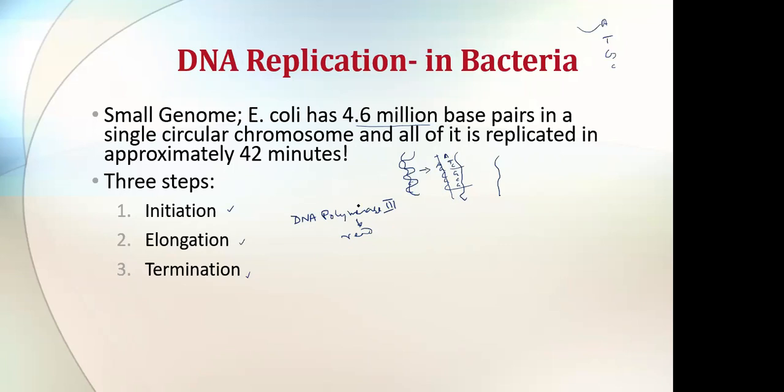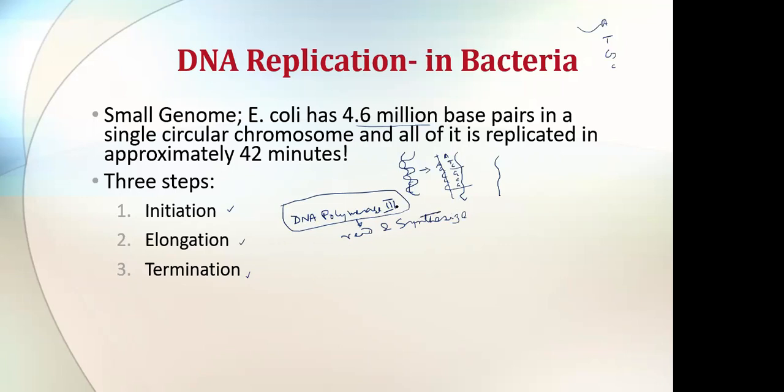Okay, so the main catalytic enzyme for DNA replication is DNA polymerase 3. Very important enzyme. It reads and synthesizes at the same time. Now there is a problem.